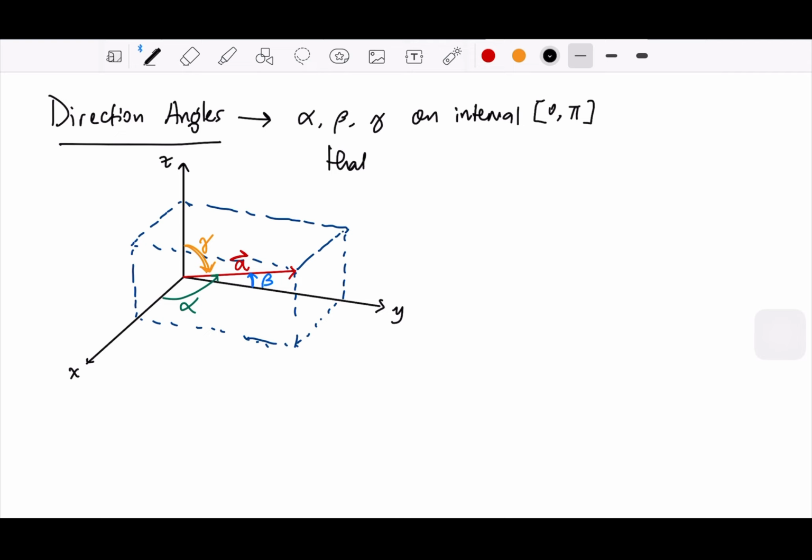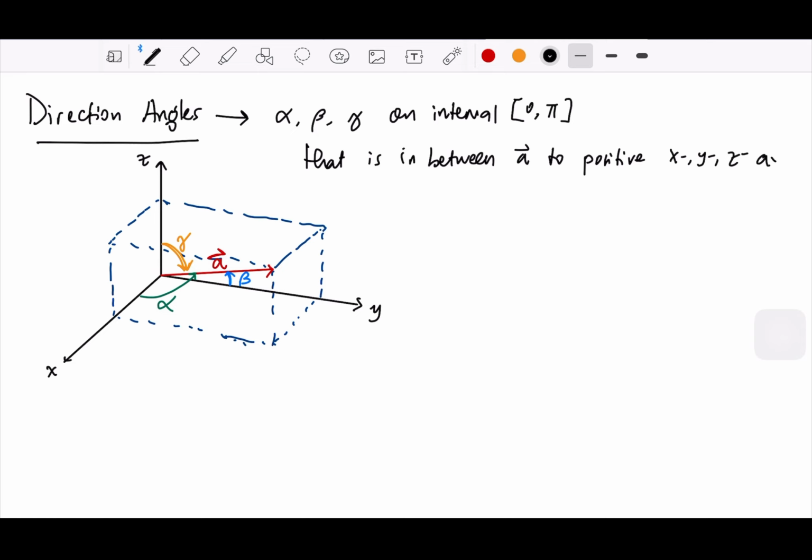That is, in between vector A and the axes, or maybe the positive x, y, z axes. These are the direction angles.